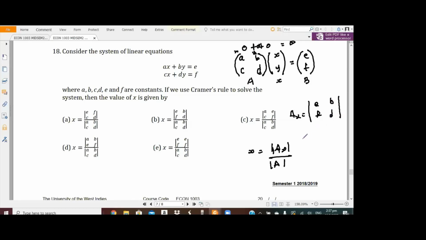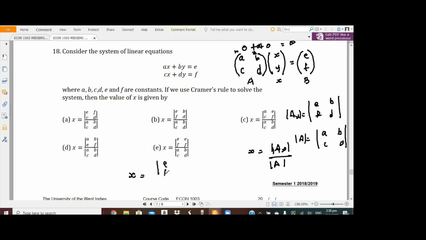So that's Ax. And how would I find the determinant of A? The determinant of A will just be the determinant of the matrix A here. So that's just going to give me A, B, C, D. So by Cramer's rule, if I wanted to find what x was, x would be equal to the determinant of Ax. Let me just put back the determinant signs here.